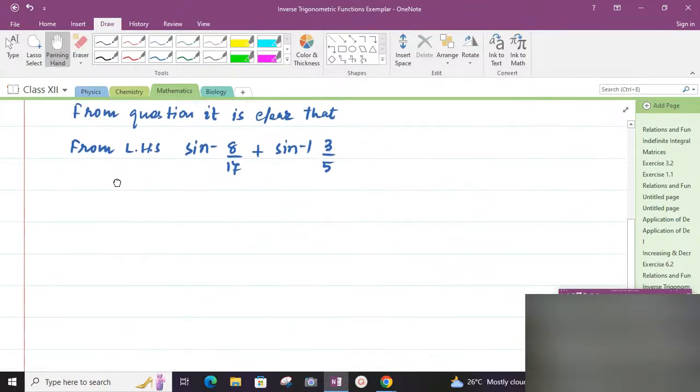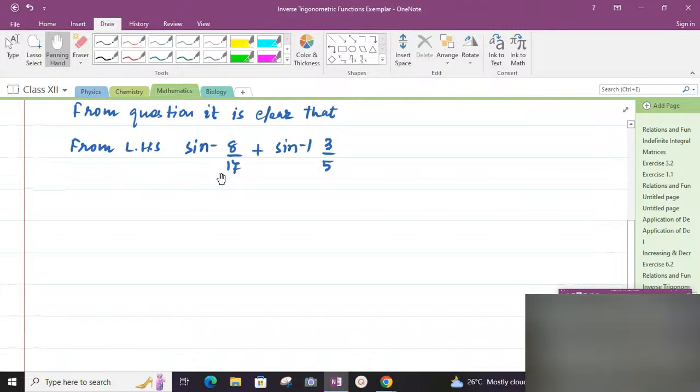So we know that sin theta equal to p by h and tan theta equal to p by b. So we convert sin inverse into tan inverse.